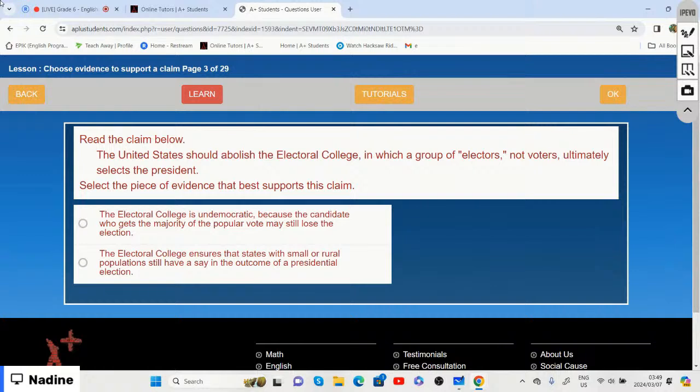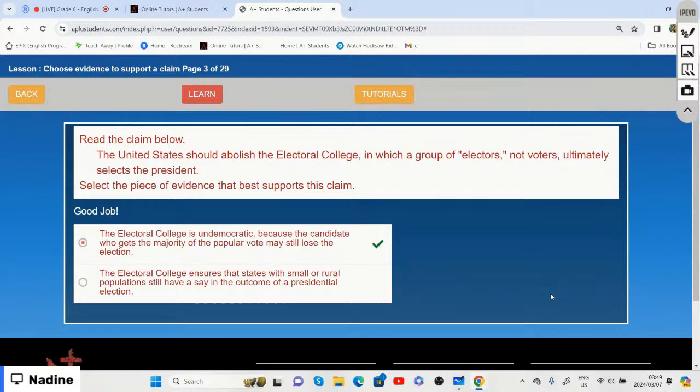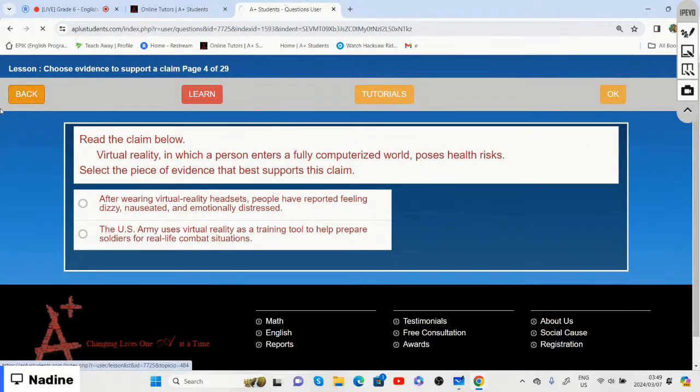And on the other hand, it is more of an advantage to smaller rural populations, whereas they also get to have a say in the outcome of the presidential election. So let's choose the first one. All right, so the first one is correct.